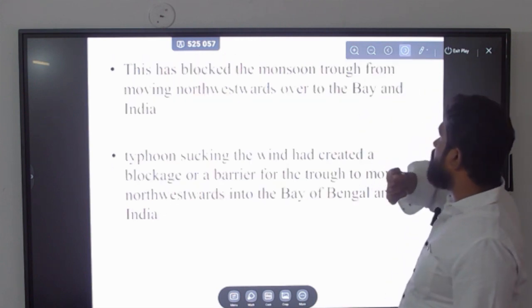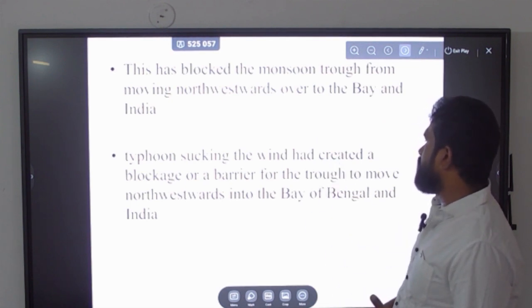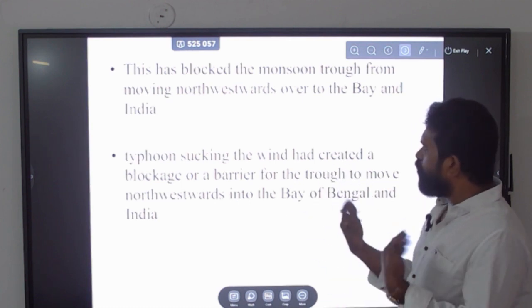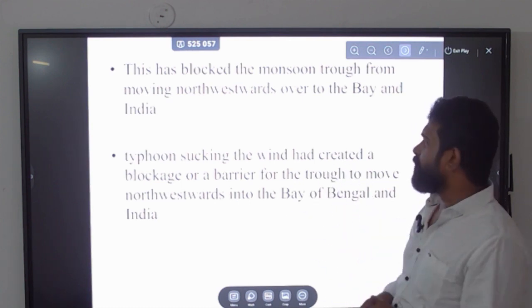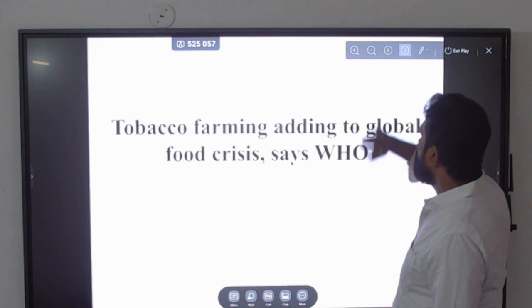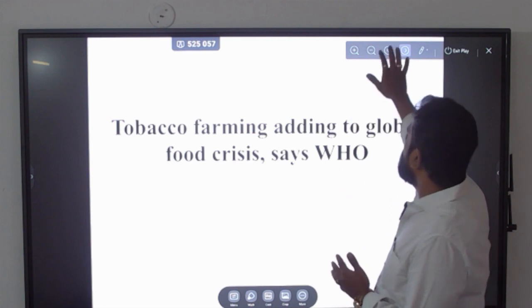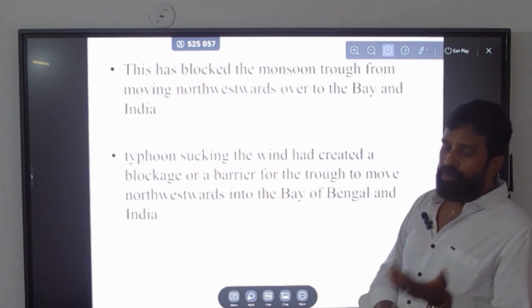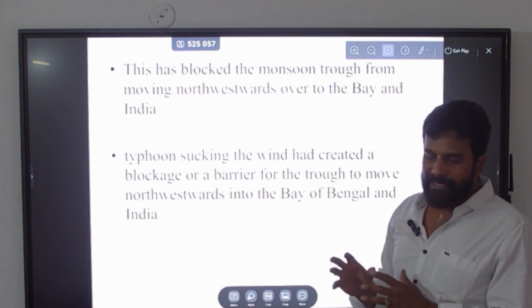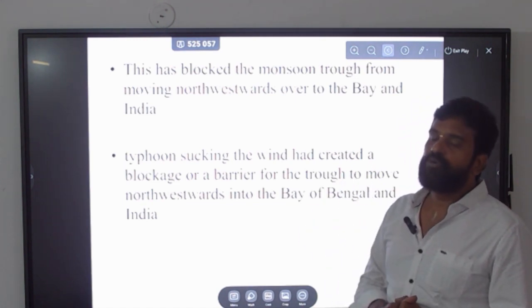That's why we got delayed because of these kinds of cyclones, and because of that typhoon, it sucked more of the southwest monsoon wind. So there is a blockage and barrier over there in the Bay of Bengal. That is the reason. So how the question comes here: we know there is already a local ocean current called El Nino and La Nino in the Pacific Ocean.